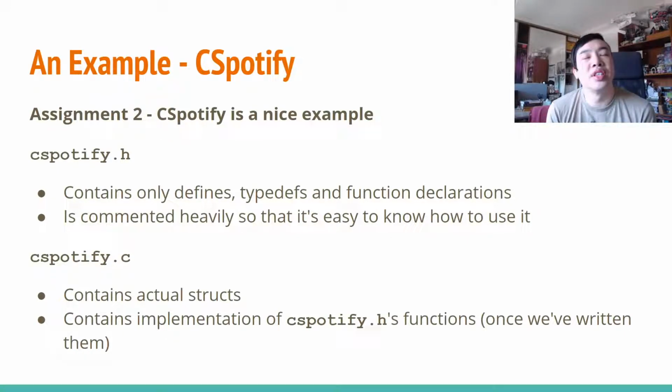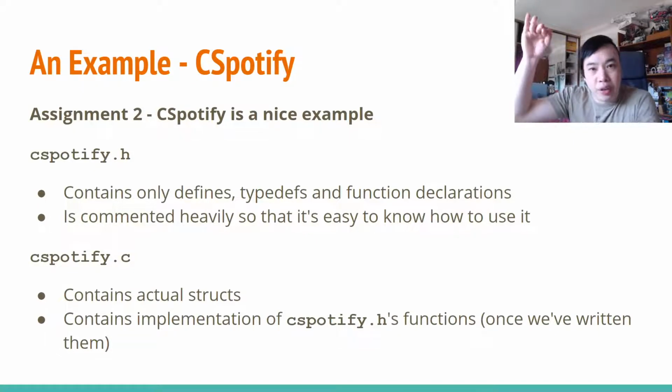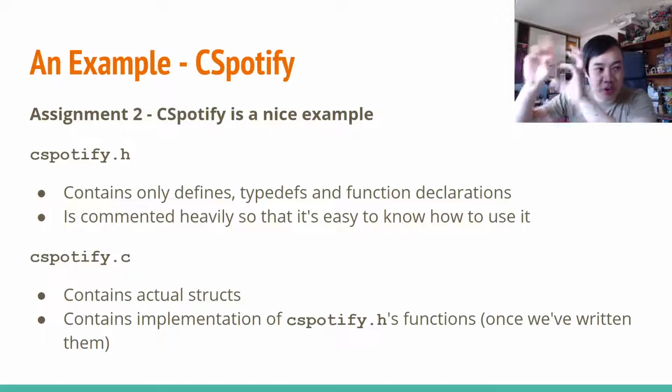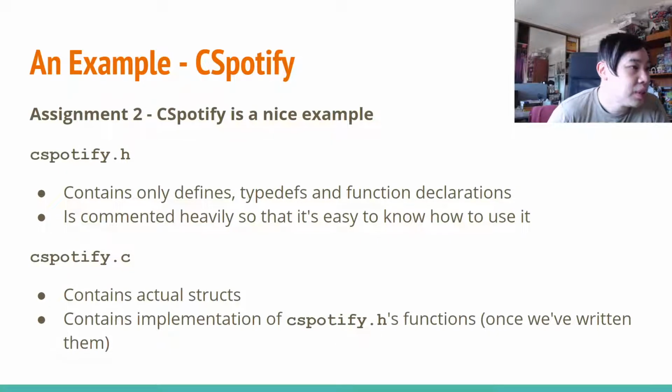And you'll see that to a certain extent in Spotify. Not everyone's going to finish absolutely everything in the assignment, but we've laid out all the H file functions and you're going to go through one at a time and create the implementation for all of those.